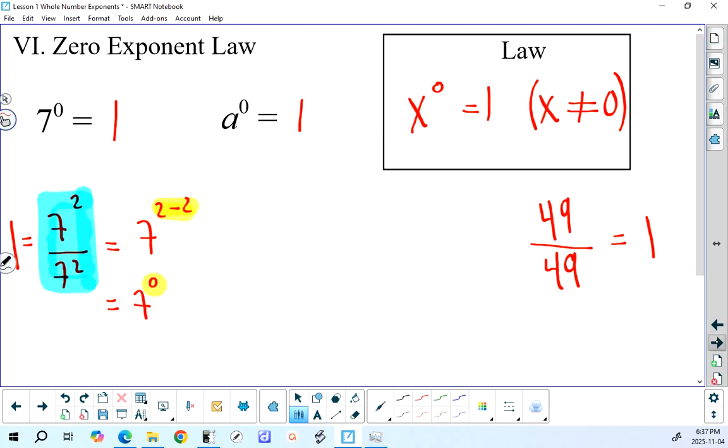So these are all of the exponent laws that you have encountered in mainly grade 9, but you might have encountered them back as early as grade 7, depending on what your teacher was doing and how you were learning your math. Now, this is kind of the first part of the lesson. What is a power? A power is a base raised to an exponent. What is an exponential expression?